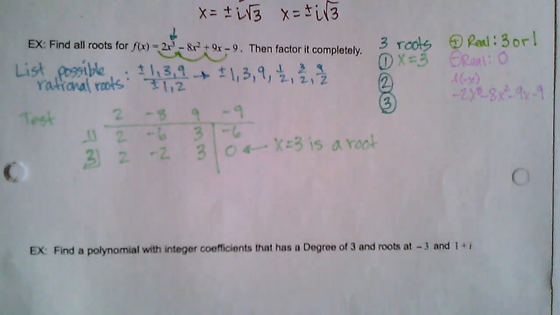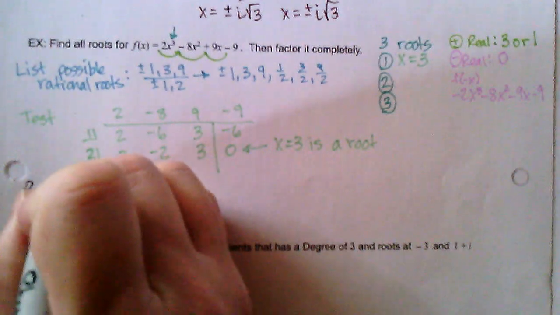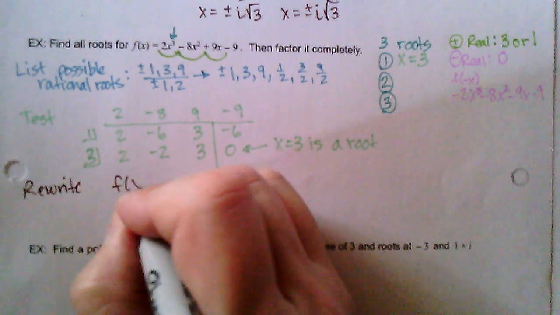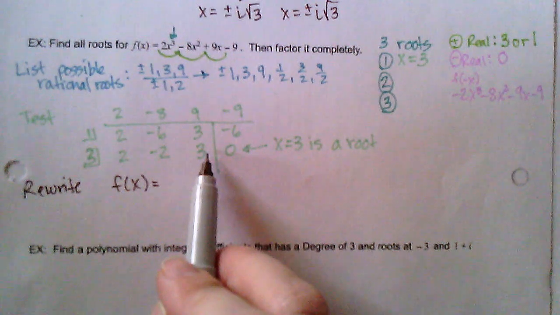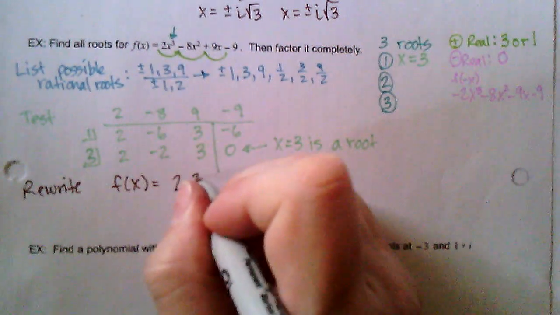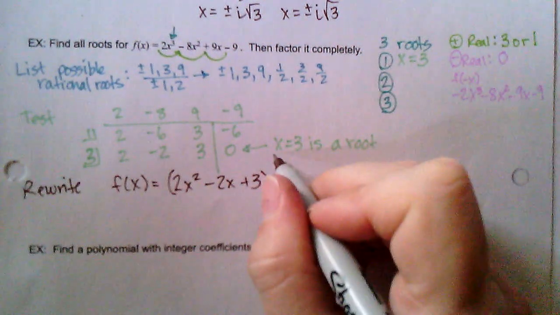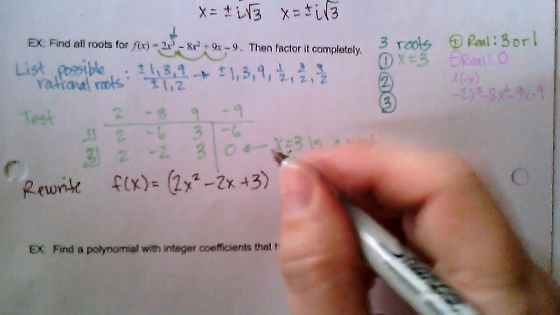And then I'm going to go to the rewrite step. So it goes list, test, rewrite. And I rewrite my function as the quotient row, so 2, negative 2, 3, remembering to decrease by a degree. So 2x squared minus 2x plus 3 times what I got for my root, turn that into a factor.